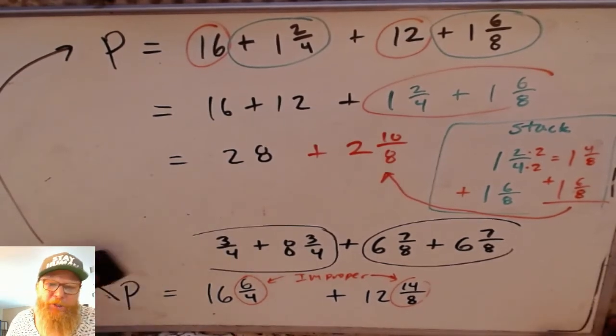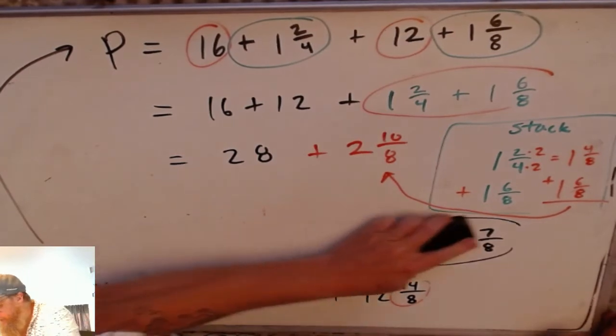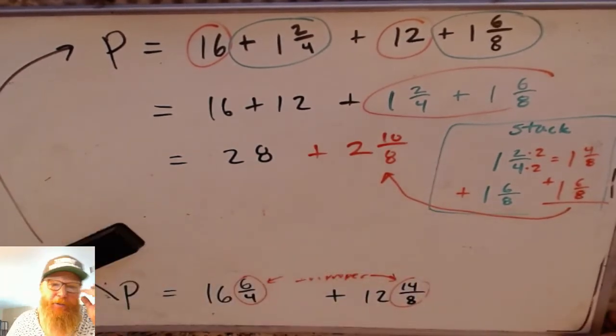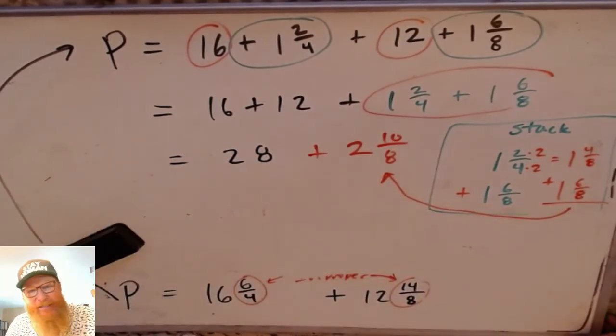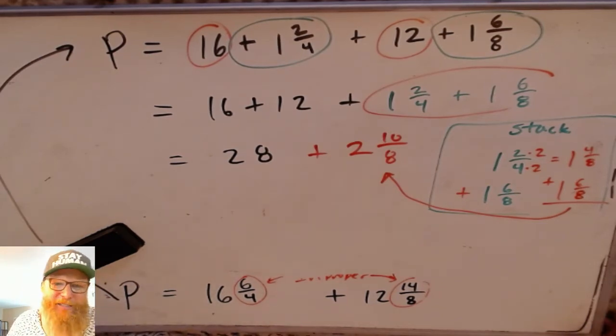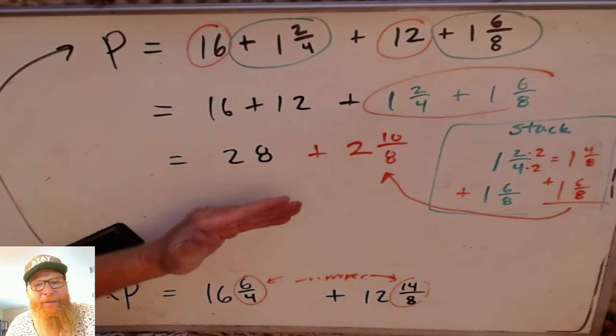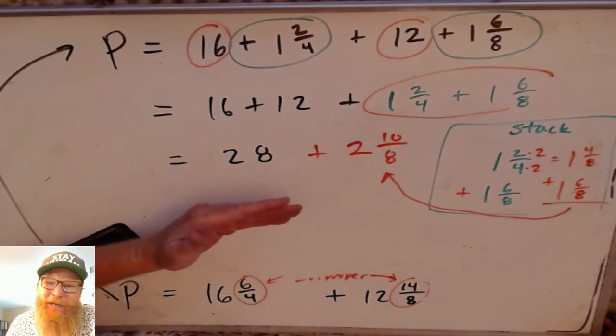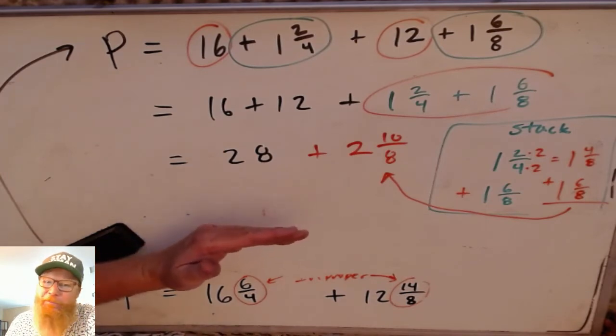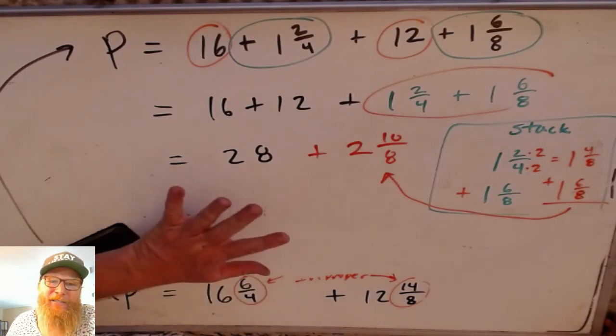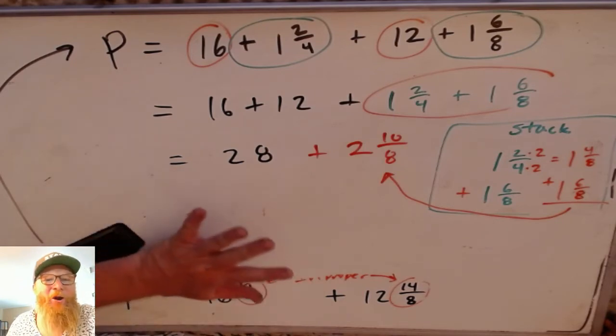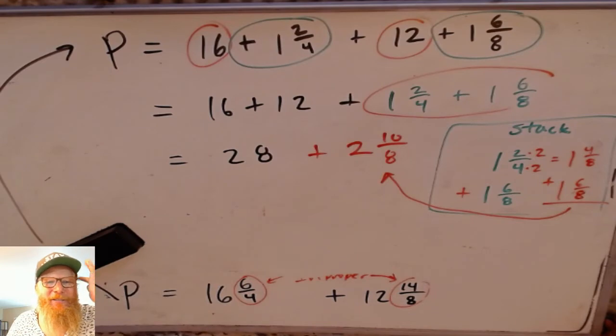Some of you are probably wishing you had a calculator to do this. Calculators are not going to help you. It's just going to give you a bunch of decimals, and then it will be much harder to then try and translate those decimals back into fractions. I mean, you can certainly try. I'm not going to penalize you for trying, but when I'm grading the test or looking over your work, whatever I get to see on my end, I can always tell when a student has used a calculator.